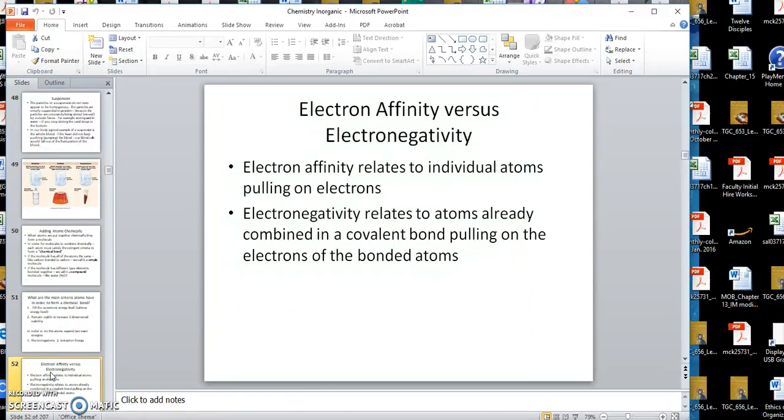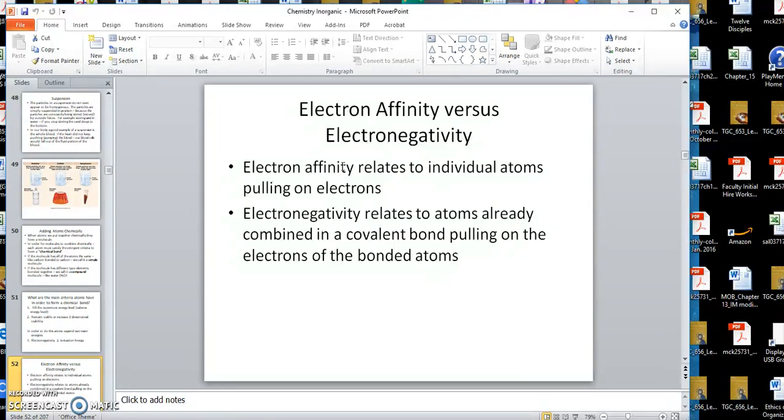Okay? I'm not going to split hairs on the term electron affinity versus electronegativity. I'm going to lump them all into one. The difference, so to put it in a way, is this.